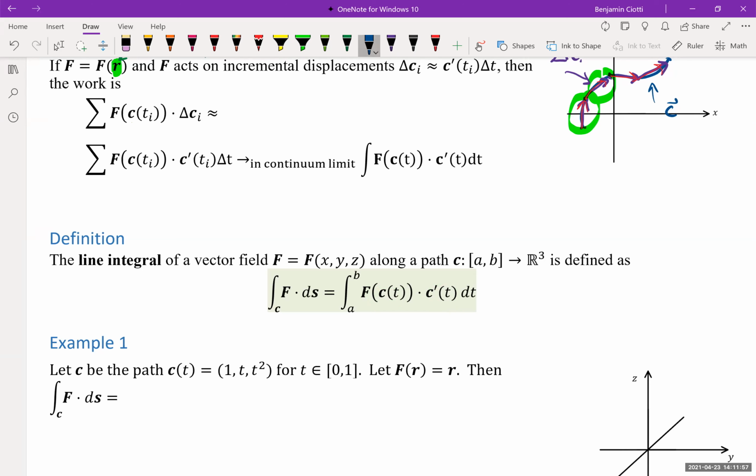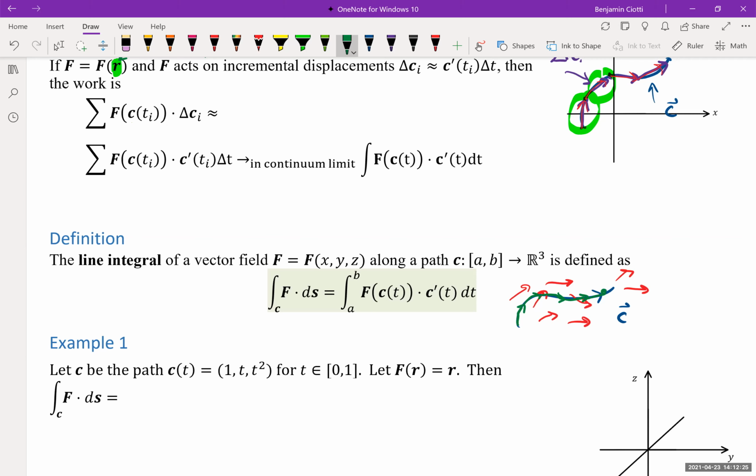So it's like you've got some path C, you've got some force field which exists at each point in space, and sometimes it's pointing one way and sometimes it's pointing another way. And as the particle moves along this path, you keep adding up the component of force that's in the direction of motion.